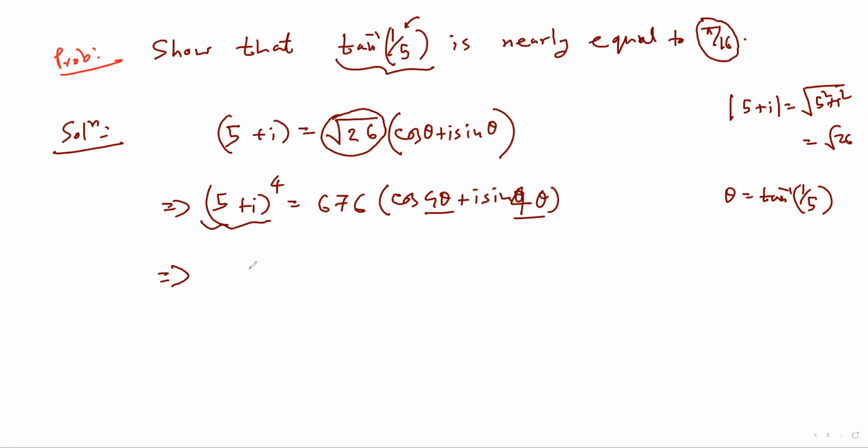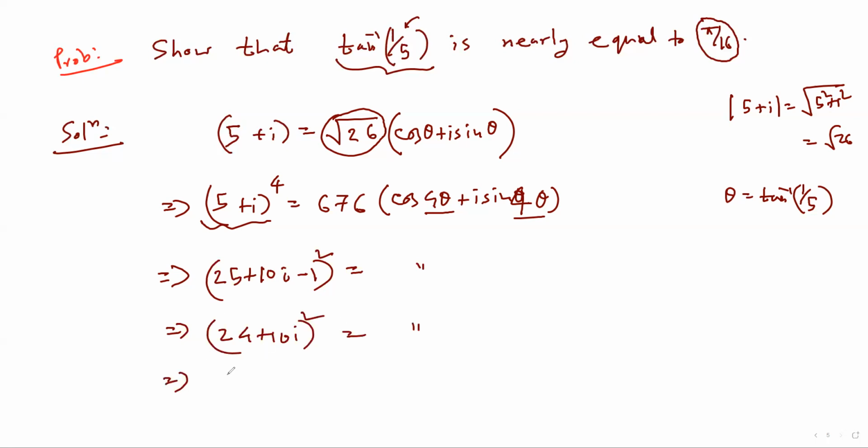Take the power 4 of 5 plus I. At first, this is 25 plus 2 into 5 into I, which is 10I, plus I squared, which is minus 1. I just squared, so I have to square again. And the right-hand side is the same. So this is just 24 plus 10I whole square. The right-hand side remains the same.